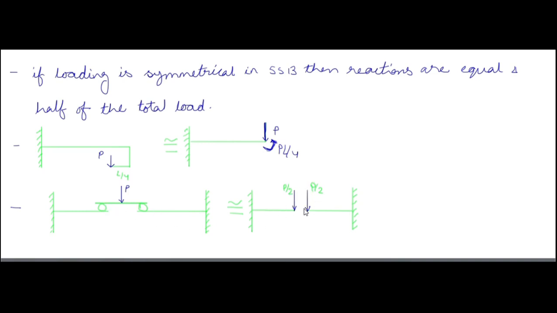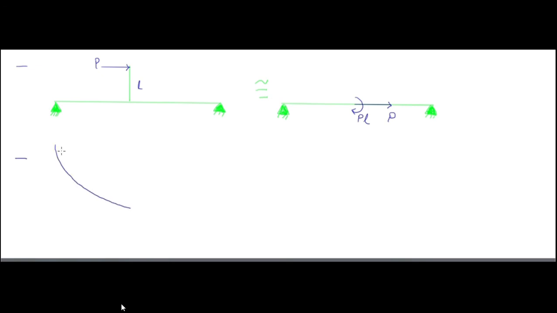I have just shown the load, reaction will be upwards, P by 2. So you have to compute by P by 2, means the load. You have to draw the shear force diagram using the load. Reaction will be given by the fixed end.